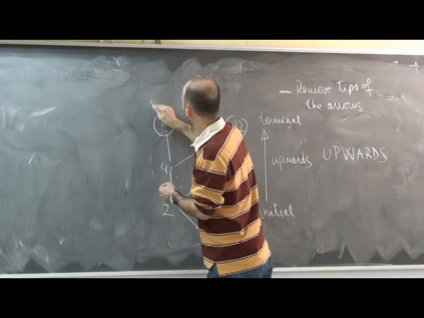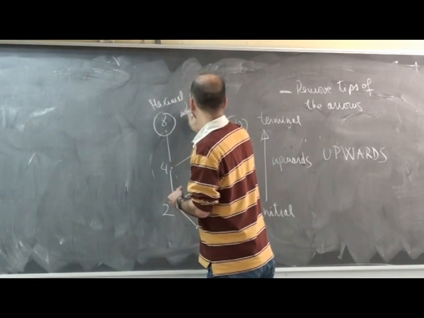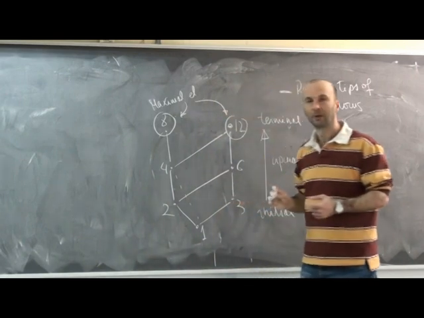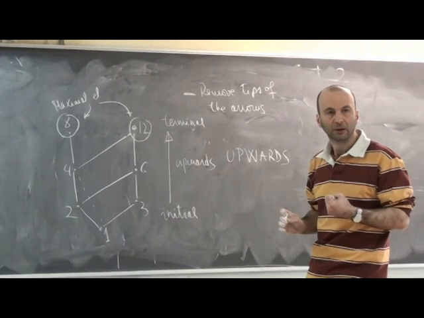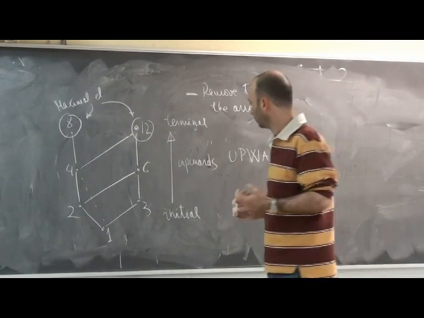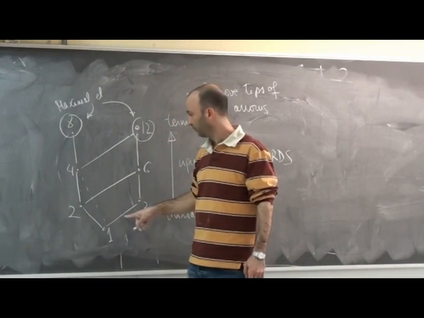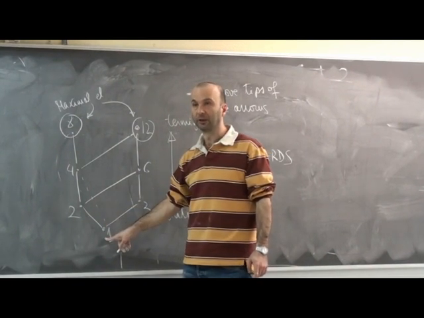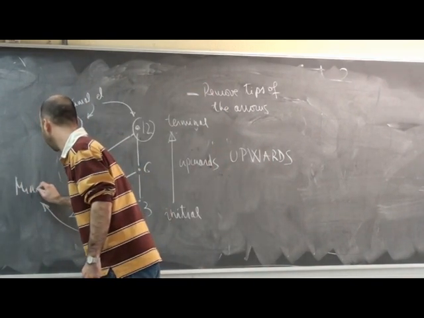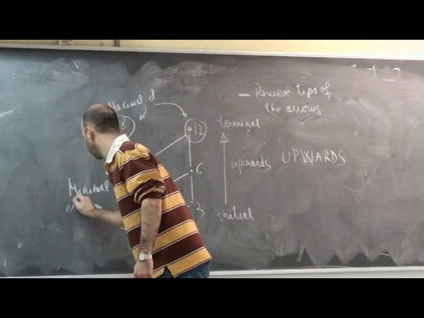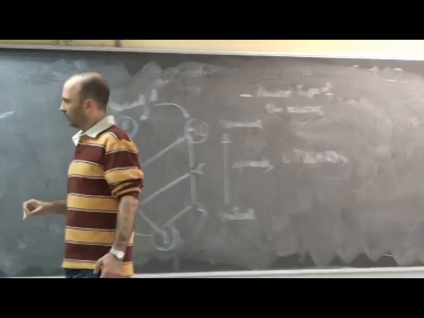So this is maximal, and there can be several maximal elements. What are the minimal elements here? Just one. No, not two or three, because 1 is below 2 and 3. So this is the minimal element. In this case, it's just one, right? Okay.